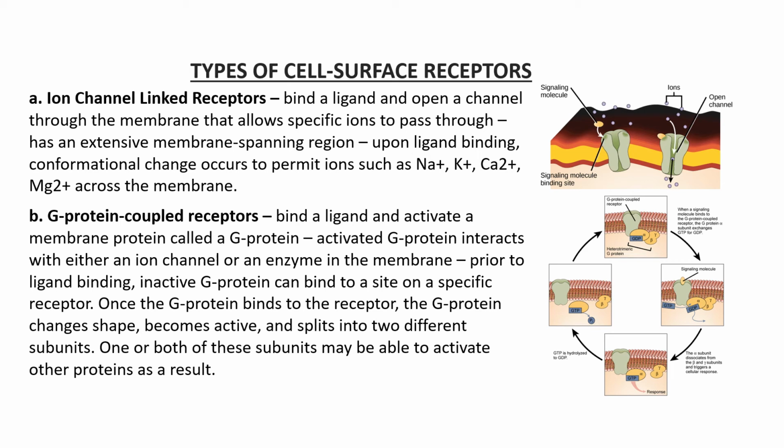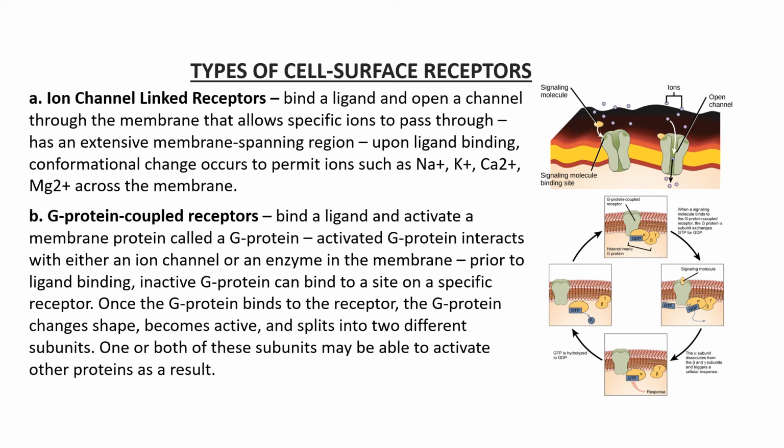There are three types of cell surface receptors. The first variety is called an ion channel linked receptor, which binds a ligand to open a channel through the membrane to allow the passing of specific ions from the outside of the membrane to the inside or from the inside of the membrane to the outside.